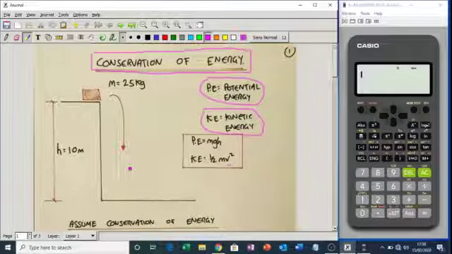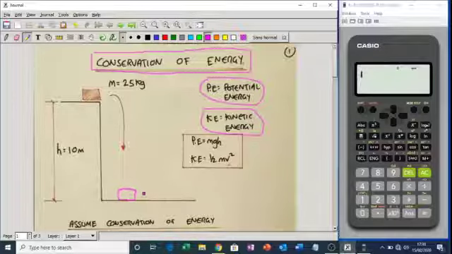Potential energy decreases because height is decreasing. Kinetic energy increases because the velocity is increasing. Obviously, when it hits the floor, all the energy is dissipated into sound and noise and heat. We don't lose it, it just changes form. So that's the basics of conservation of energy.